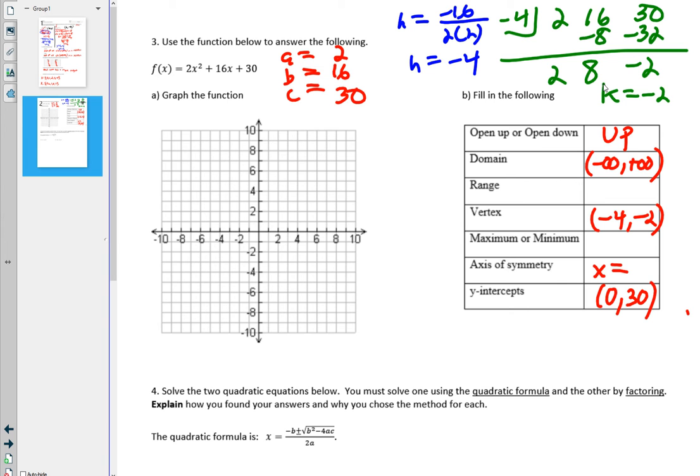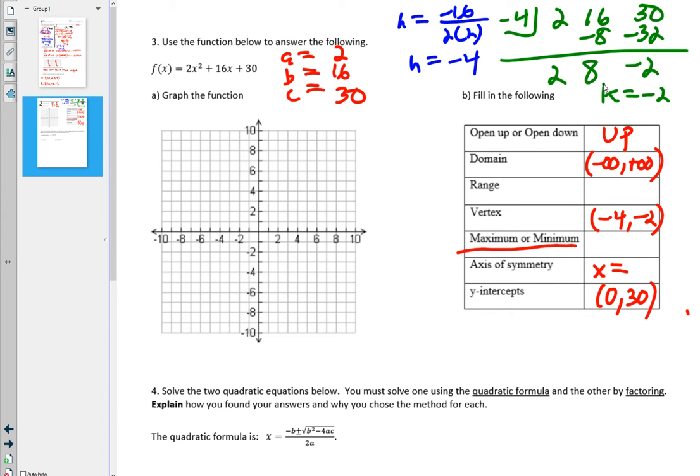So what's the range going to be? If I know that this is going up, let's do it this way. You may have heard me mention, when you hear maximum or minimum, what are they talking about?